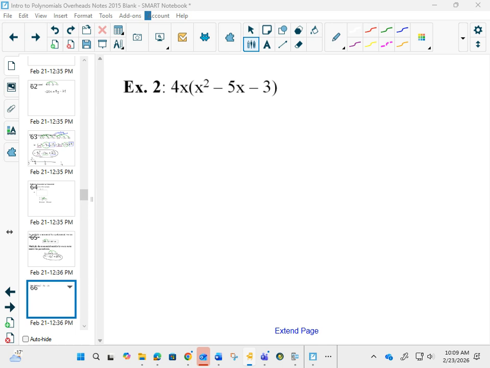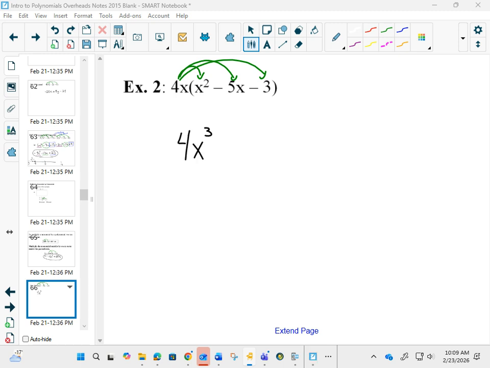Let's see how you did. I would give you a half mark for showing those arrows. Then 4x times x squared would give you 4x cubed.